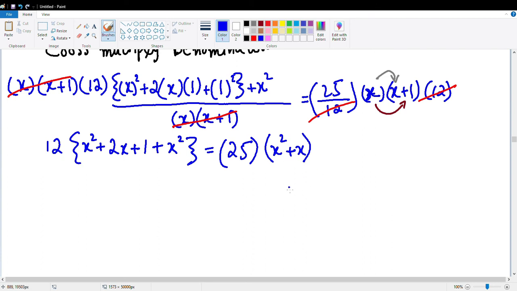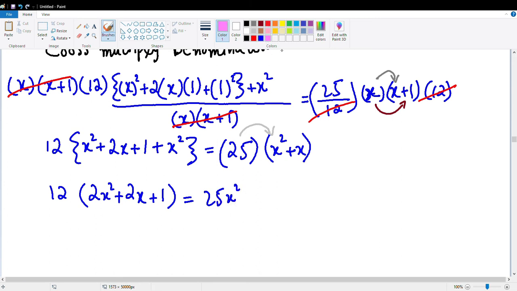And then we have to multiply them with 25. So we're going to do that. We get 12 over here, and we get 2x squared plus 2x plus 1 equals 25 into x squared, which will be 25x squared, and 25 into x, which will be plus 25x.